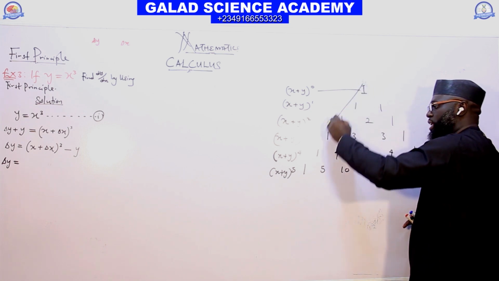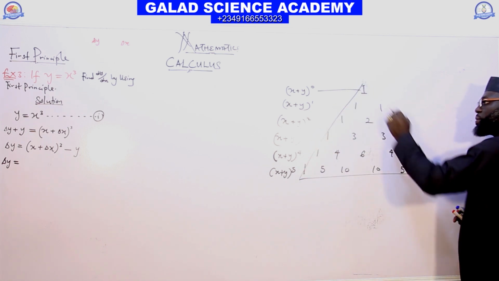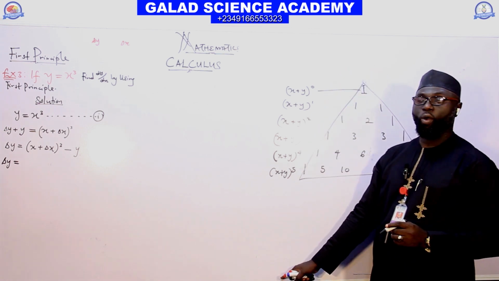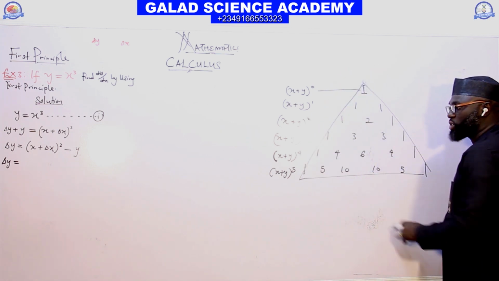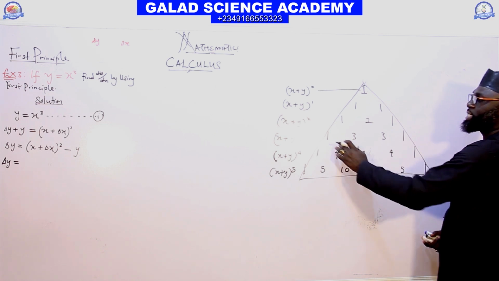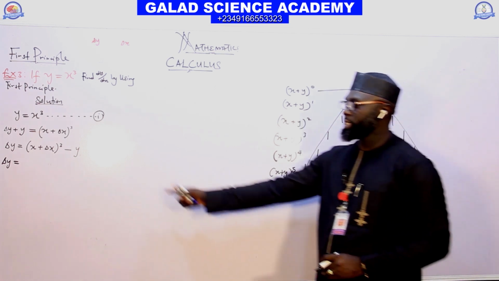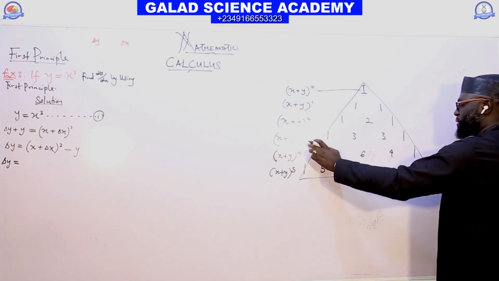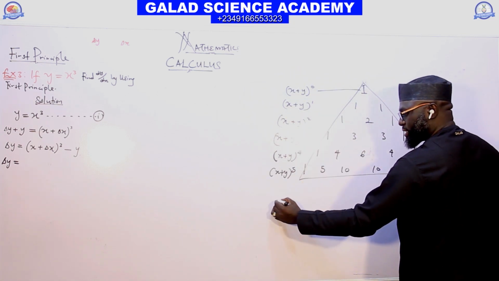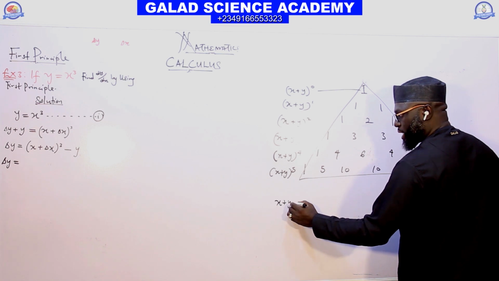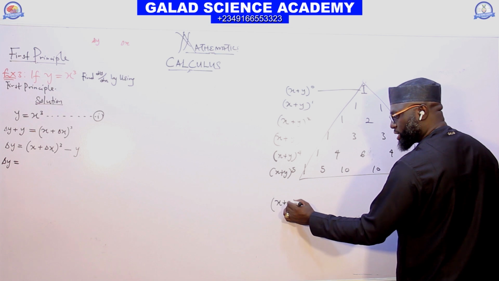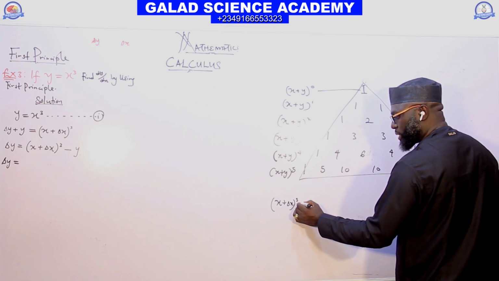So if you now see it, it will form a triangle and so on. This is what we call Pascal's triangle. Let us apply this to expand this exponential 3. So if you have x plus change in x raised to the power 3.